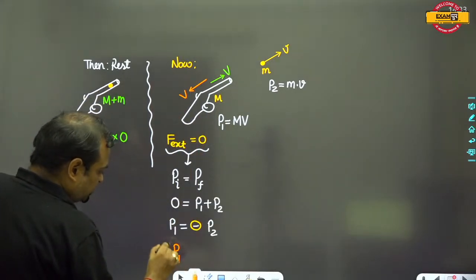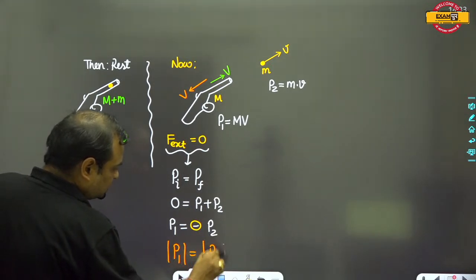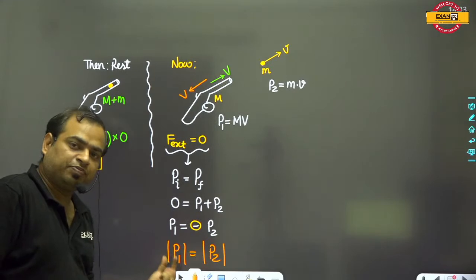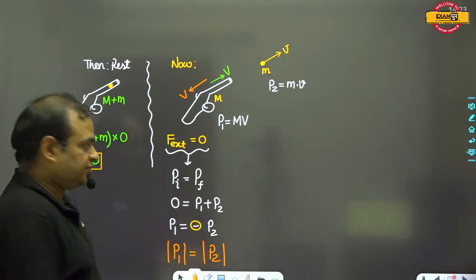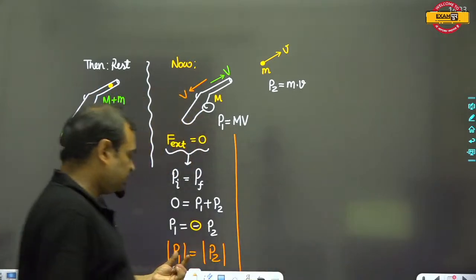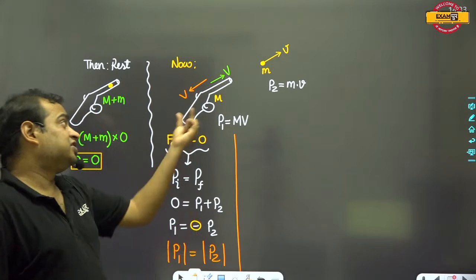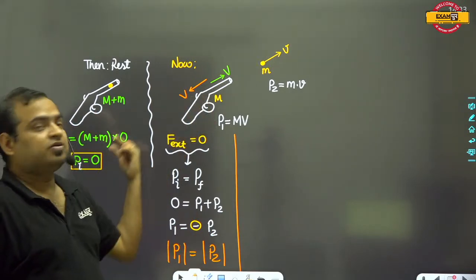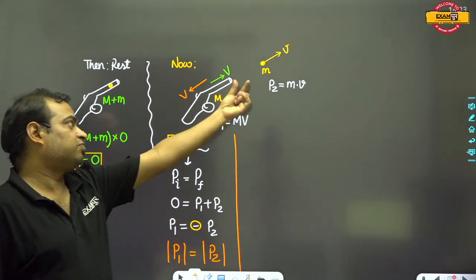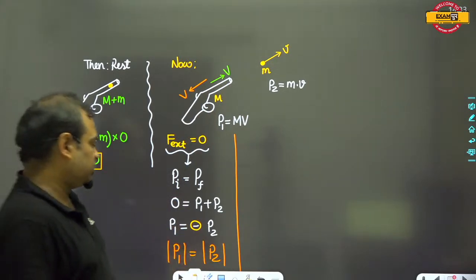So we can say that mod of p1 will be equal to mod of p2. Mod means the magnitude of p1 will be equal to the magnitude of p2. It means only the values will be equal, but the negative sign means this gun will move just opposite to the direction of motion of the bullet. The magnitudes, the values, will be equal.